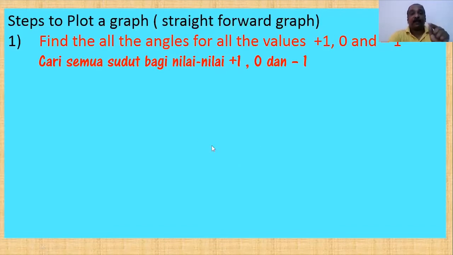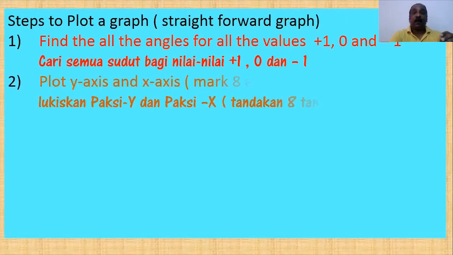To get these angles, you must use what we learned earlier, the cross: 0, 90, 180, 270, 360, and what their values are. That is what you must use at this stage. Depending on whether it is a sine graph, cos graph or tangent graph, we use the quadrants we learned earlier.